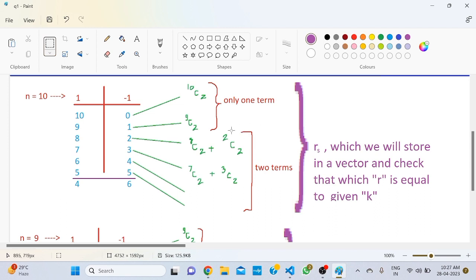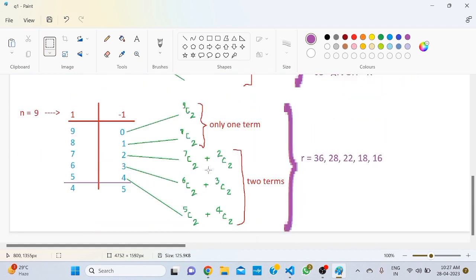Also one thing to be observed is that for the first two cases only one term is there, but after the first two cases two terms of addition are there. For n equal to 9 also, in the first two cases only one term is there, but other than the first two there are two terms. So we can apply a for loop in these two cases.